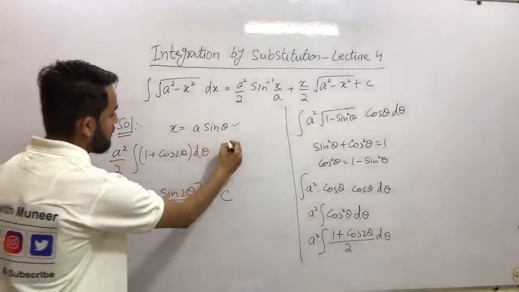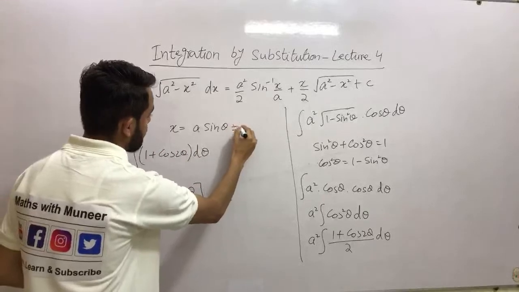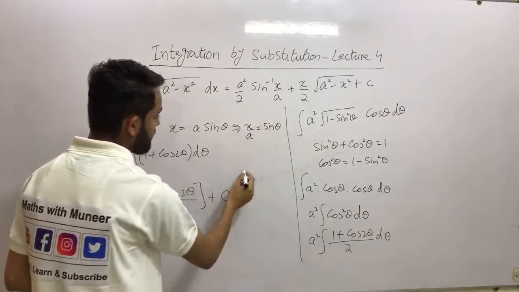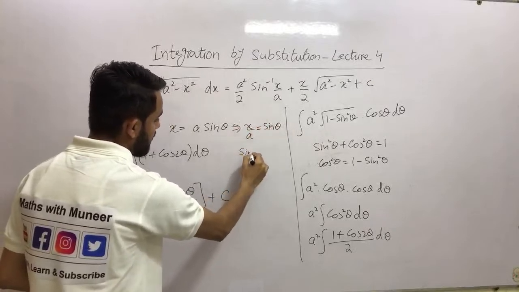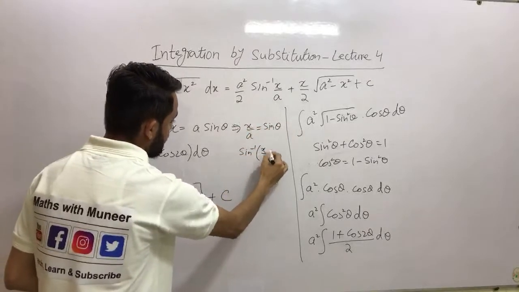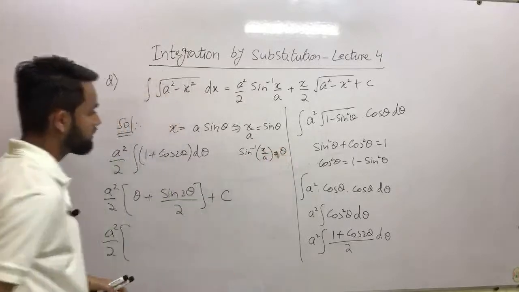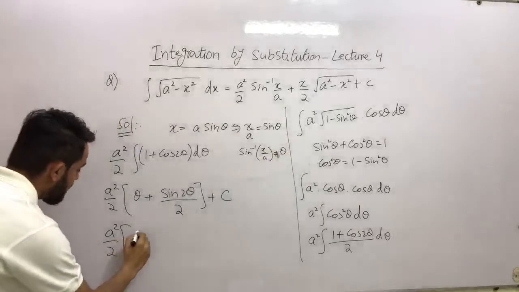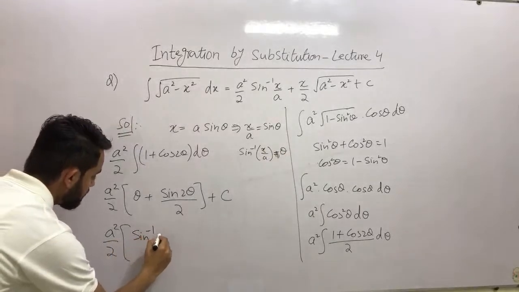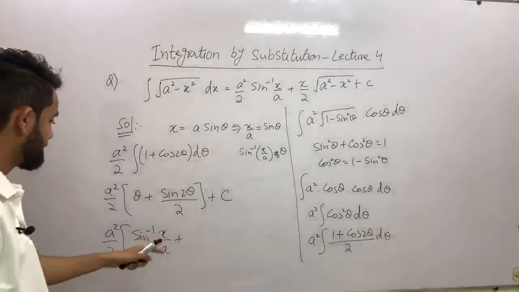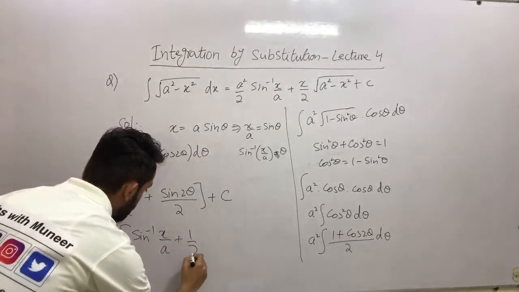Okay, so from here we can get that x over a equals sine theta, sine will go to the other side, sine inverse x over a equals theta. So instead of writing theta, I can write sine inverse x over a plus, okay, we have 1 over 2 over here.